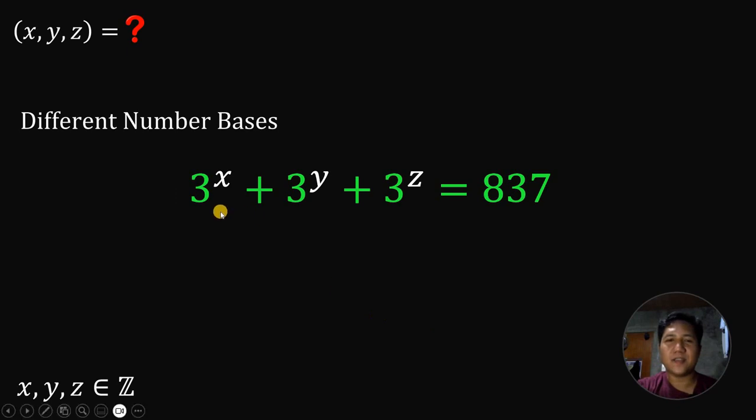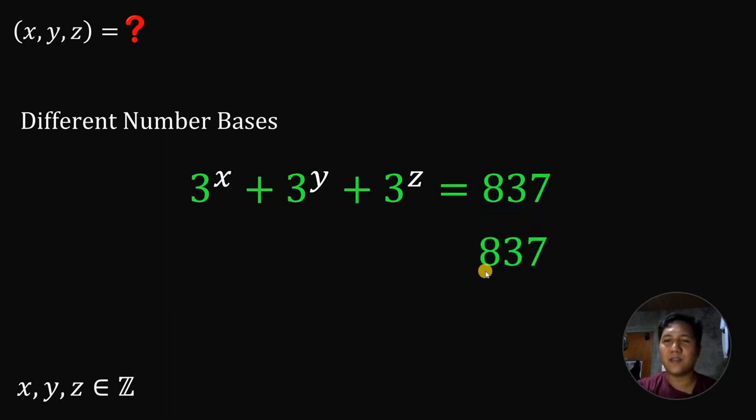Because take note, on the left hand side we have 3 raised to x plus 3 raised to y plus 3 raised to z. It looks like the number on the left hand side is in base 3. On the right hand side, take note that 837 is in decimal form, or base 10.